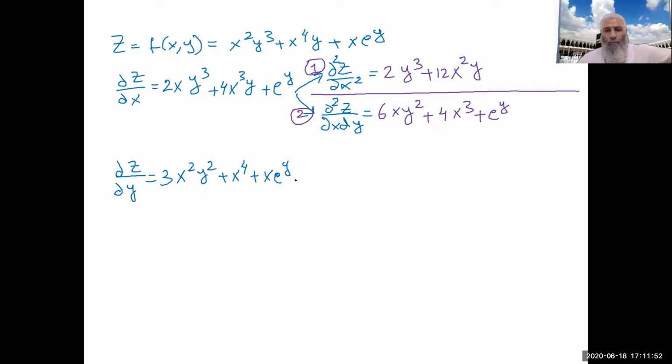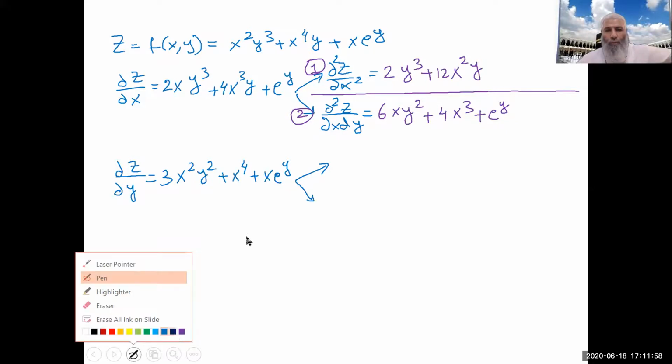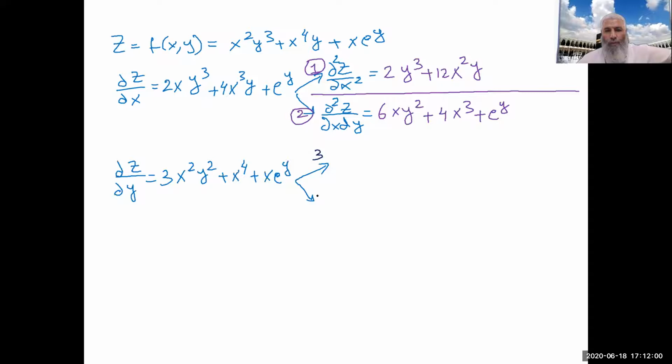We just write it like this. And we have here number 3 and number 4. This is the second derivative of z with respect to dy squared, and d2z dy dx.